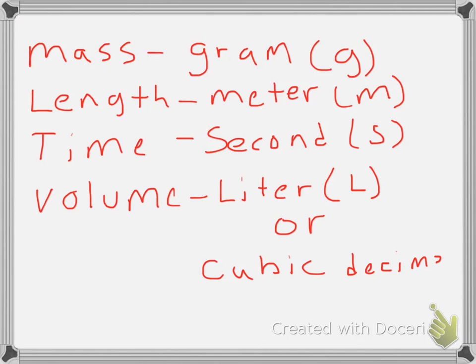The cubic decimeter is abbreviated as dm with the cube there. Alright? So these are the base units. All of them equal a value of 1 for these particular quantities.